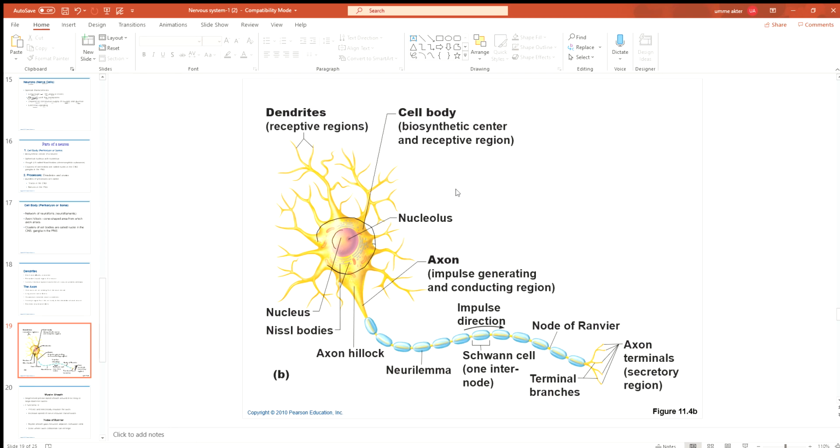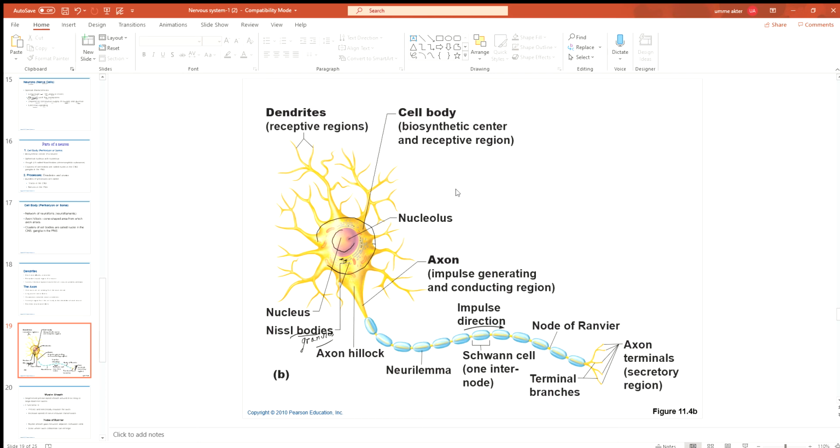Inside the cell body you have a nucleus, and around the nucleus in the cytosol or in the cytoplasm you have Nissl bodies, those dark structures, also called Nissl granules, same thing.